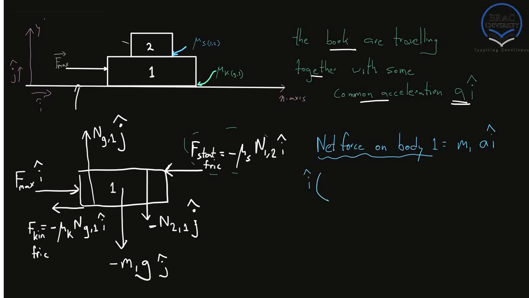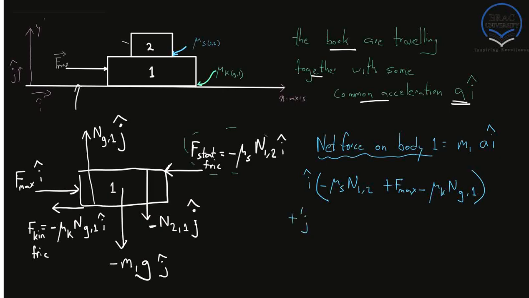For i hat, we have minus mu s N12 from the static friction. We have plus F max. Then we have minus mu k N g1. That's it. That's the 3 horizontal components of the net force.